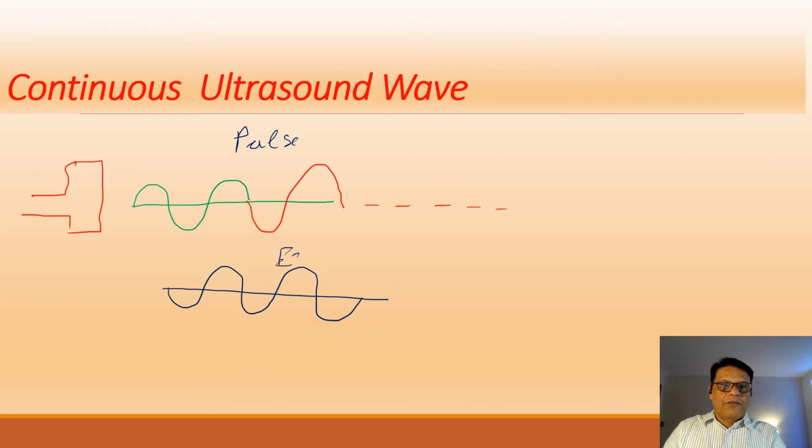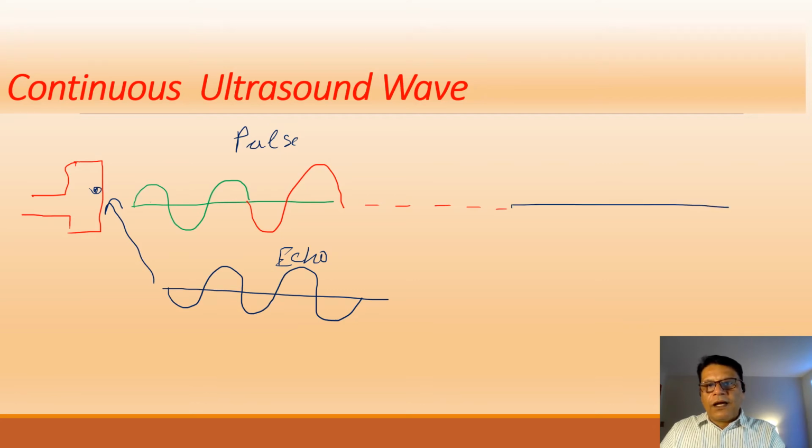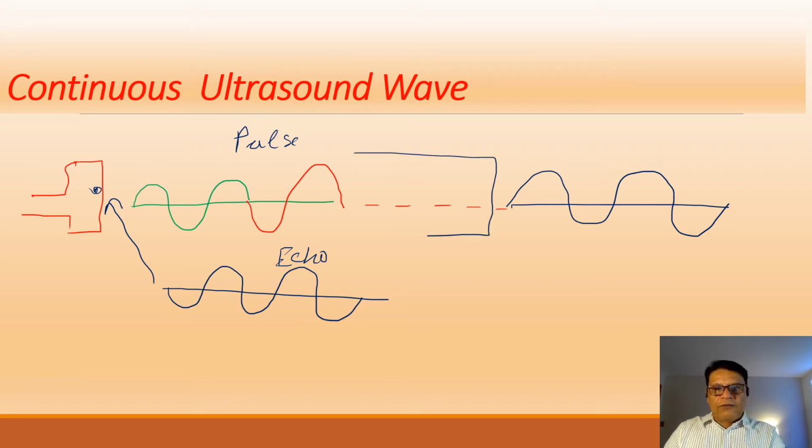This is the echo. And once it receives the echo, it sends another pulse. So the period when the transducer is silent, producing no pulses, is called its off time or listening time. In this listening time, it receives echoes and converts them into an image.